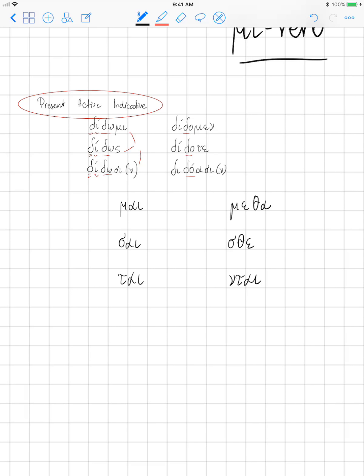Now, our stem is do, and omicron does not lengthen. And the reduplication is there. Reduplication is happening in present and in imperfect. You're gonna see that. So didomai, didosai, didotai, didometha, didosthe, didontai. Very straightforward.